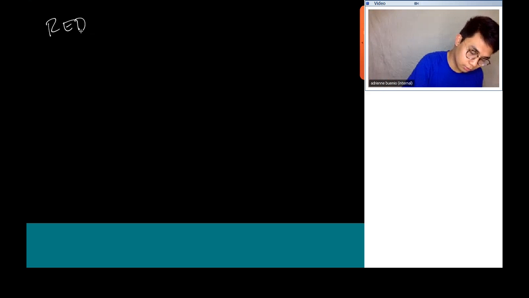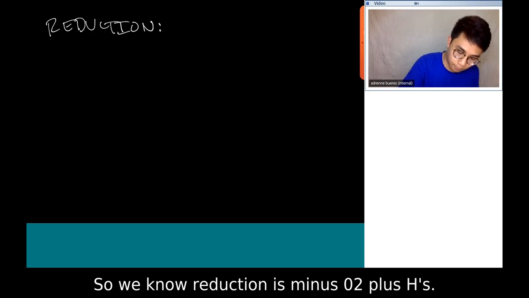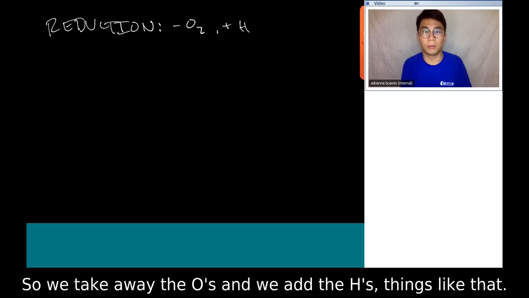We don't want the fluff, right? So first, we're going to touch upon reduction. Reduction. So we know reduction is minus O2 plus H's, right? We take away the O's, we add the H's, things like that.